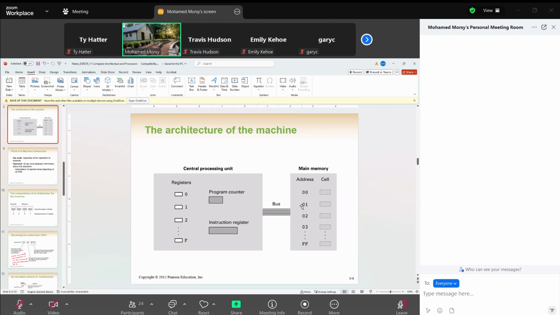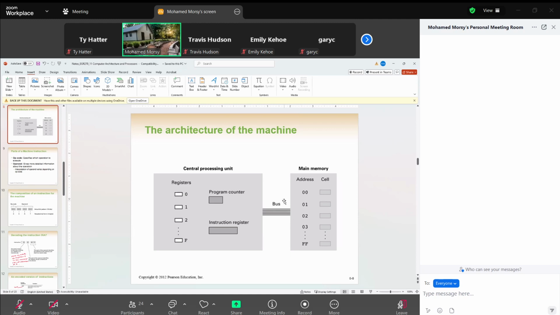When we retrieve the first instruction, we retrieve the bits in the 2 cells. So what is the next instruction we retrieve? What is the next address?